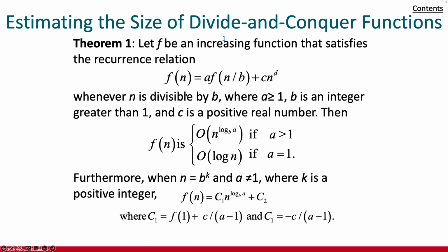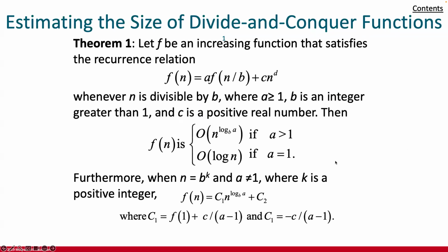So how do we go about estimating the size of divide and conquer functions? Now we can get into the complexity, big O notation. Let f be an increasing function that satisfies the recurrence relation shown here whenever n is divisible by b, where a is greater than or equal to 1, b is an integer greater than 1, and c is a positive real number.